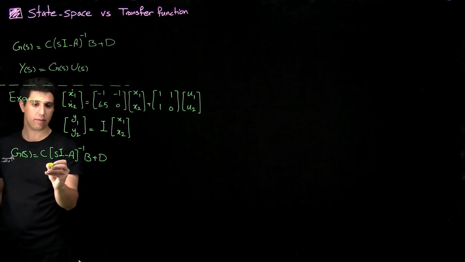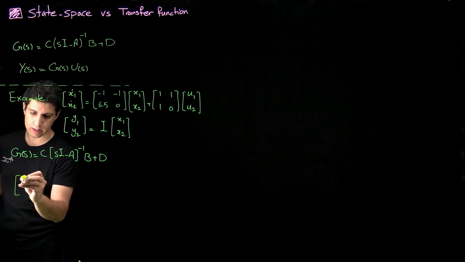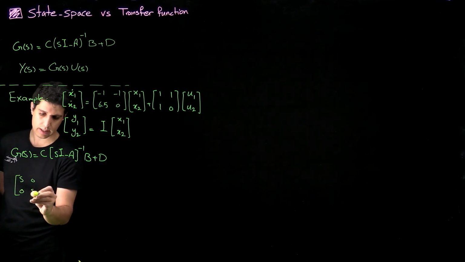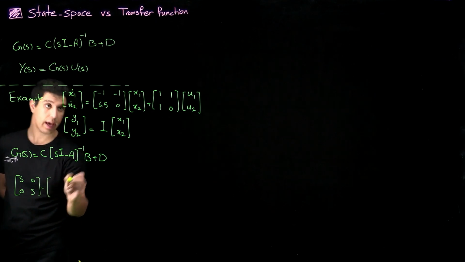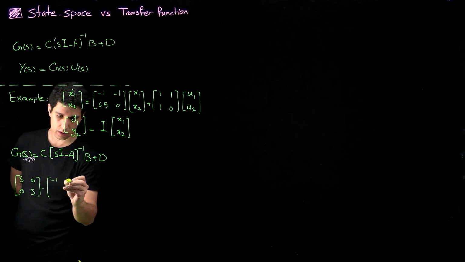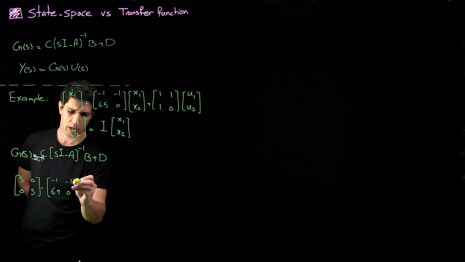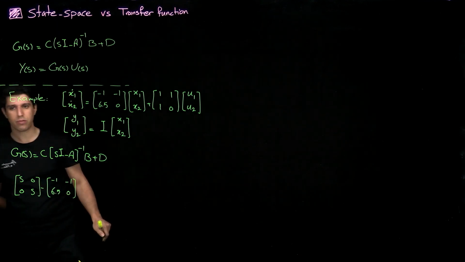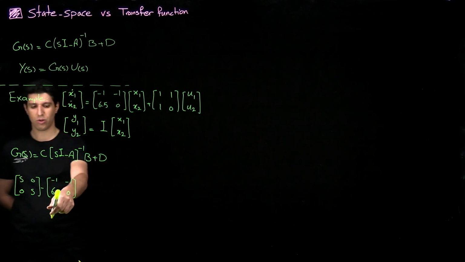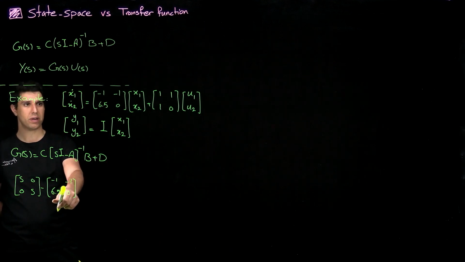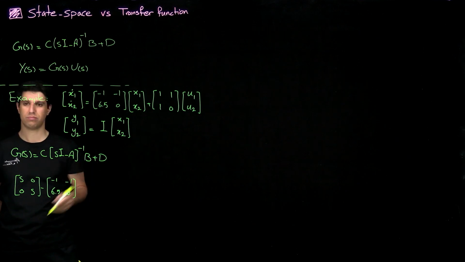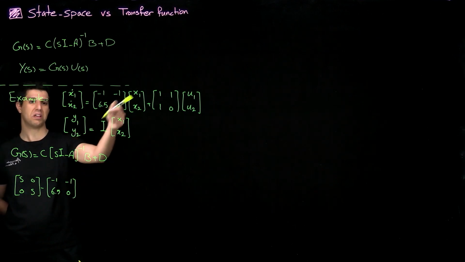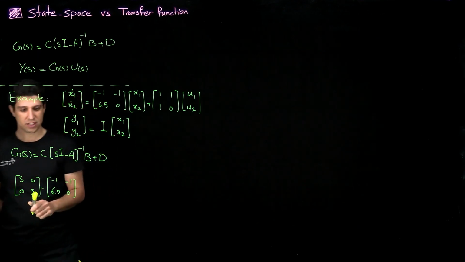I have sI - A, so that is [s 0; 0 s] minus A. My A is this, [-1 6.5; 1 0]. I think I took this example from the textbook, so I don't remember why 6.5, but for the sake of it, just take it as some state space.